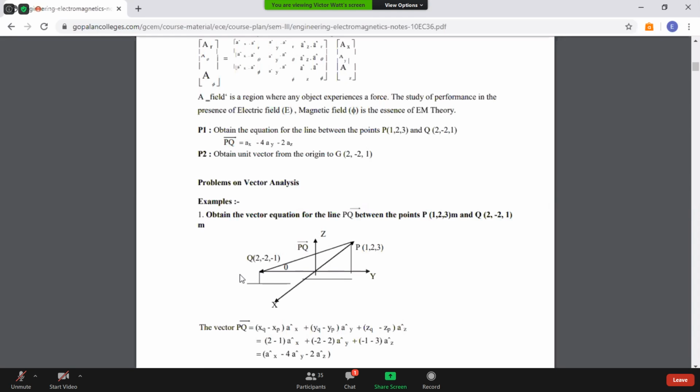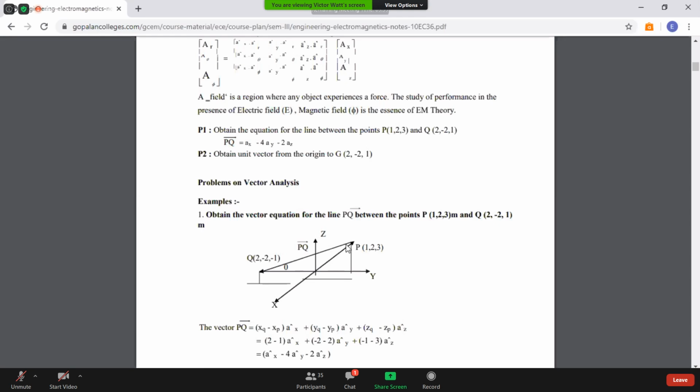So vector PQ is the vector from P to Q. Q is your final destination, right?